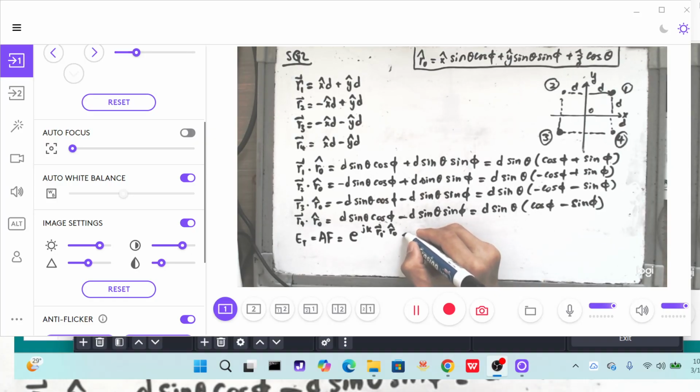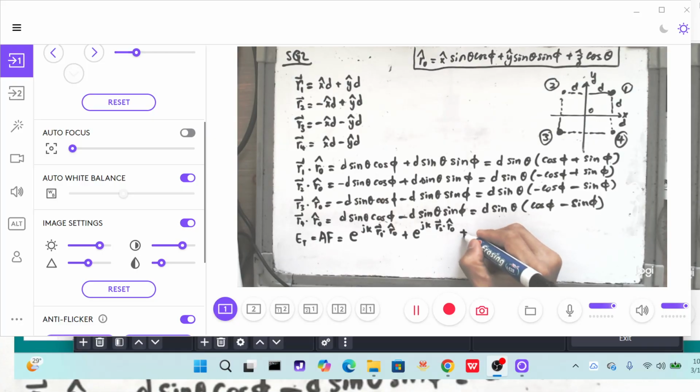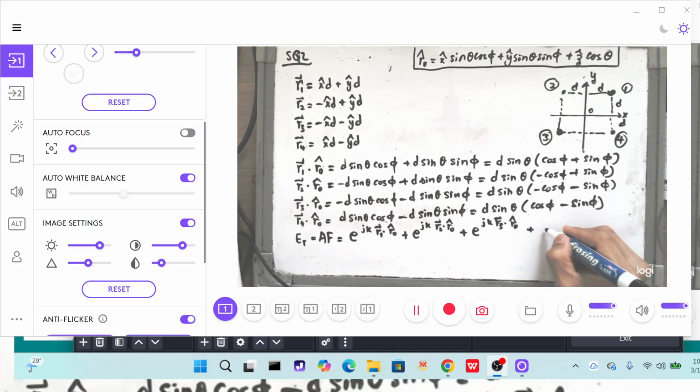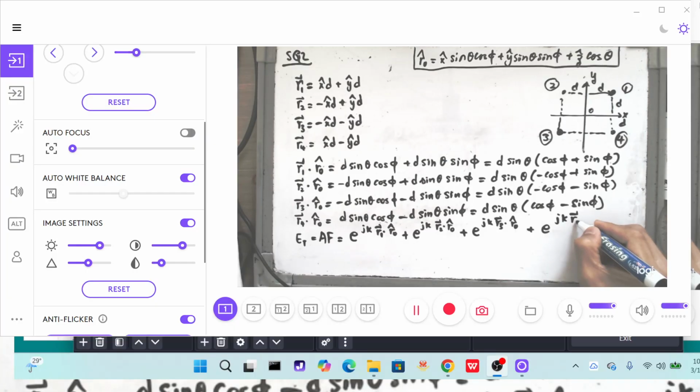And we can continue with this process for the second antenna, and then E to the power of J K R2 dot R log hat, and then E to the power of J K R3 dot R log hat, and then E to the power of J K R4 dot R log hat.